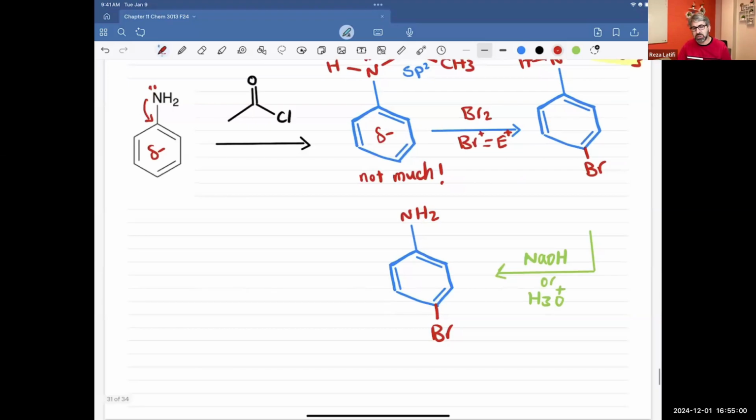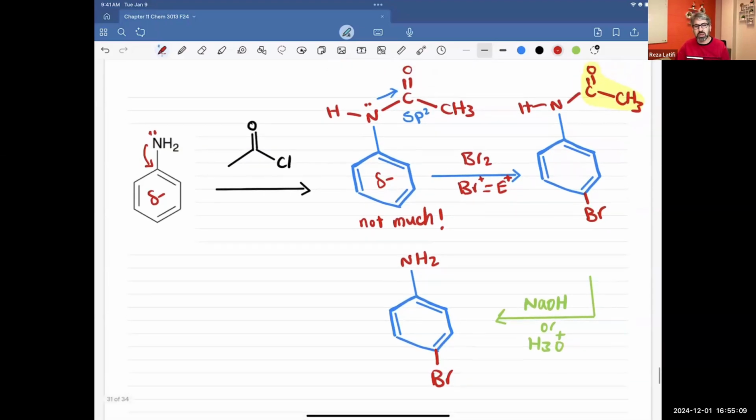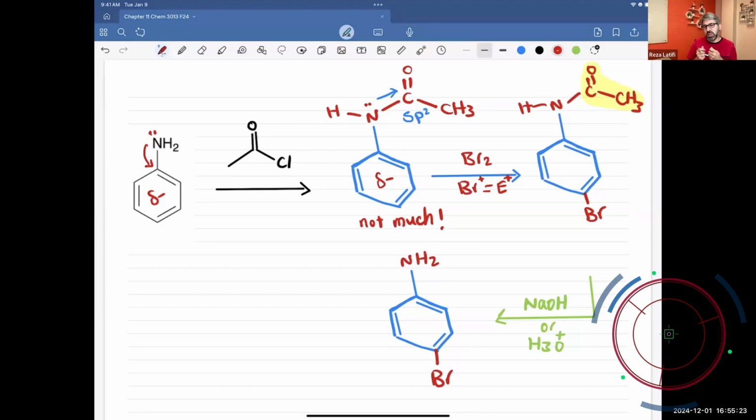So now we managed to get the monobromo product instead of a tribromo product. This is the benefit of using acylation, the acyl group, to protect or block the NH2 group. That way, we reduce the electron donating character of the NH2.